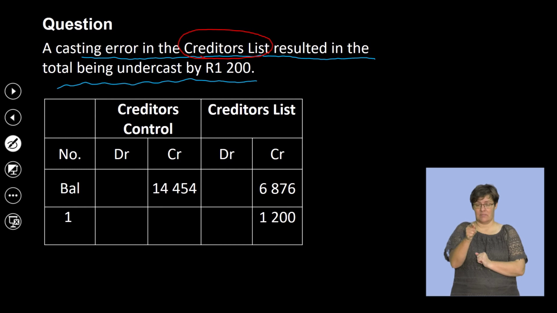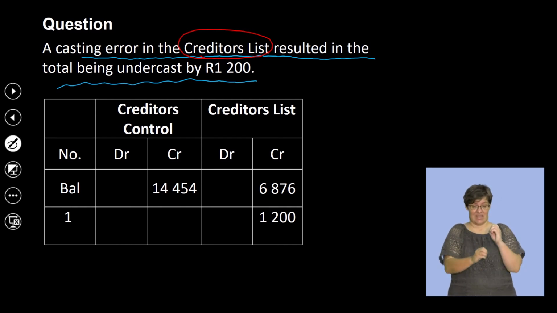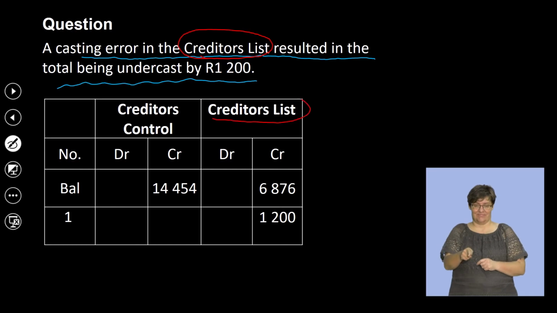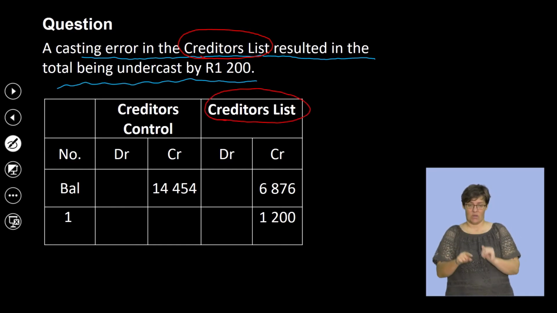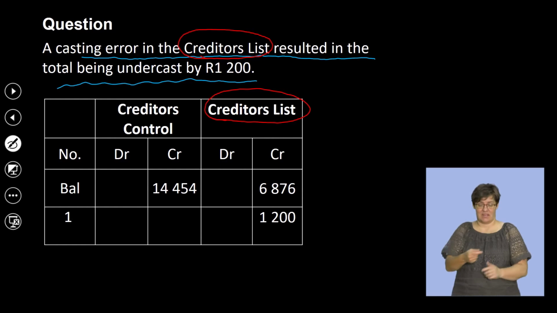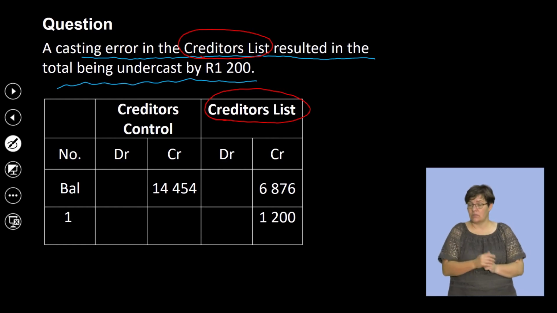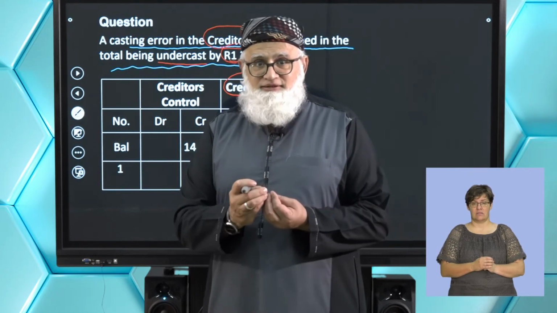Obviously, it means when we are fixing, we are going to fix in the creditors list because that's where the error was. What was the error? We are told it resulted in the total being undercast by 1,200, meaning it had 1,200 too little.